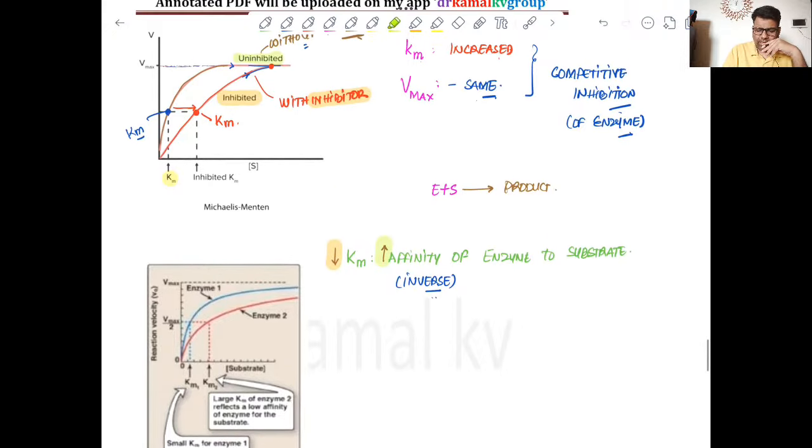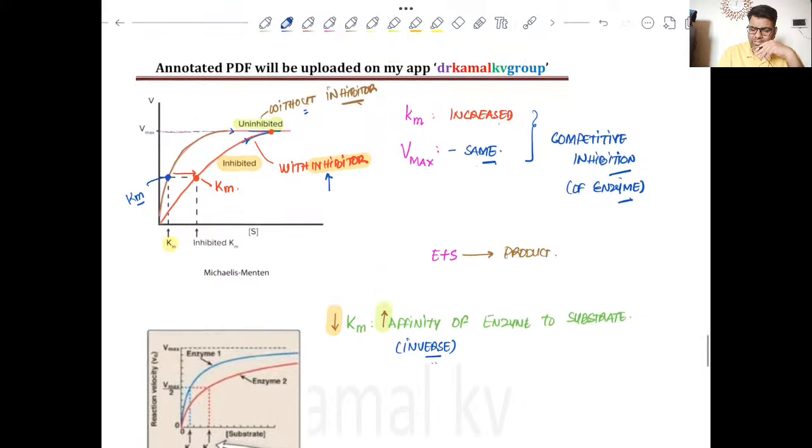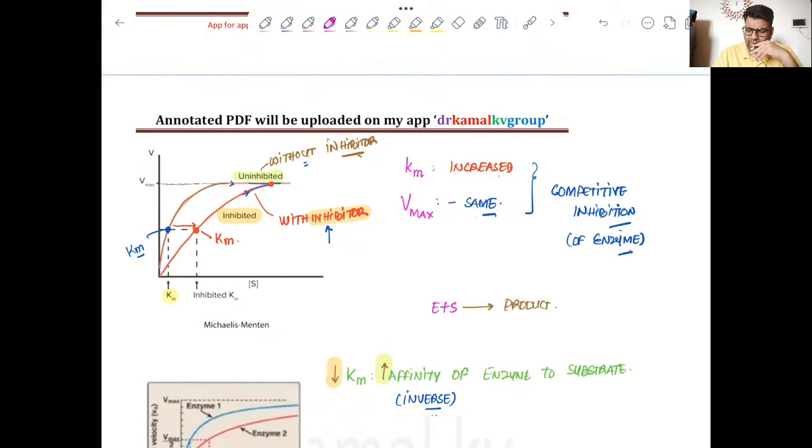Now if you see here, when we have added the inhibitor, the Km has increased, right? Now what does this mean in terms of affinity? It means the affinity of the enzyme towards substrate has reduced. And why has it reduced? Because it is binding to the inhibitor.